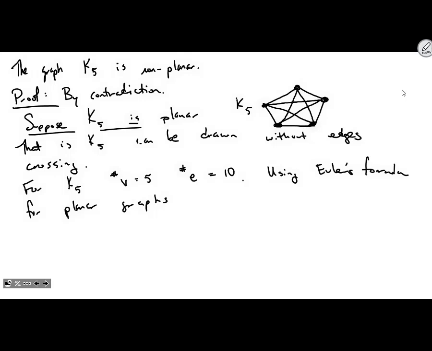So using Euler's formula for planar graphs, okay, what was the formula? It was V minus E plus F equals 2. So 5 minus 10 plus F would equal 2. Would imply then that F would have to equal 7. Notice 5 plus 7 would be 12. 12 minus 10 would be 2. Okay?